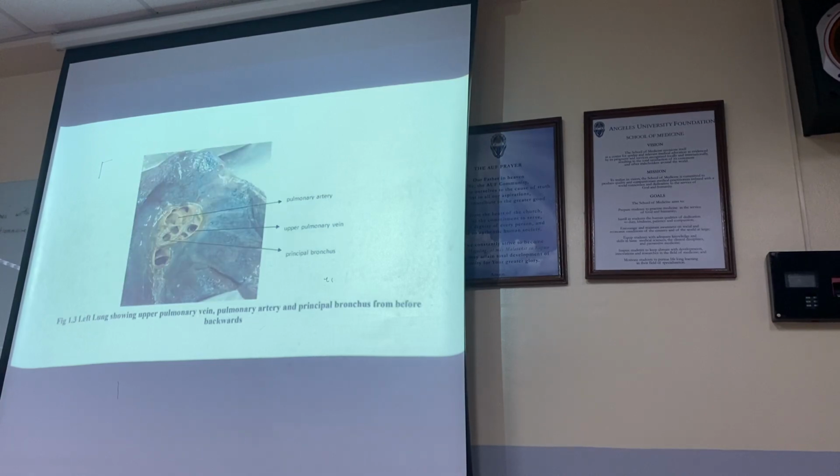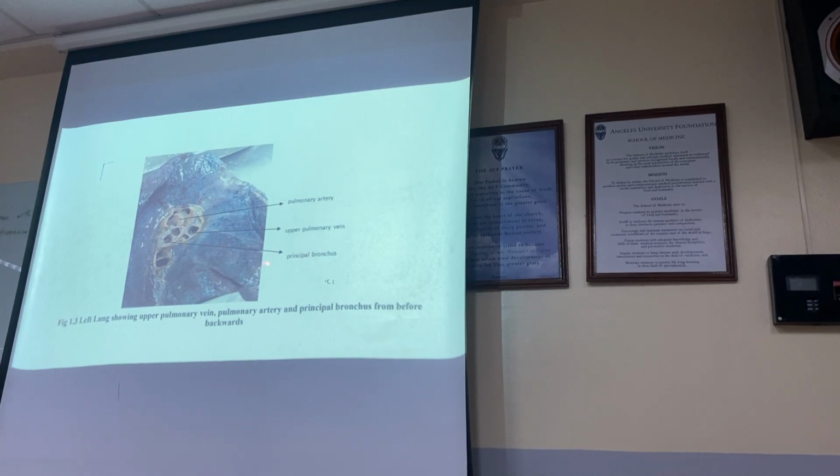What about the left? Anterior, inferior are still your veins. And then posterior, bronchus.